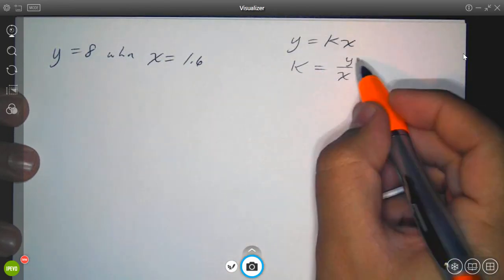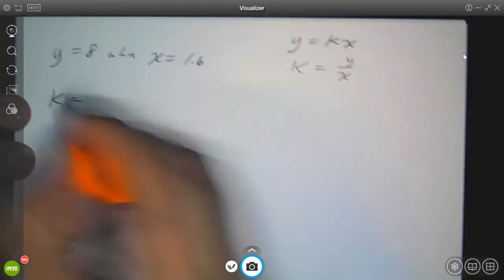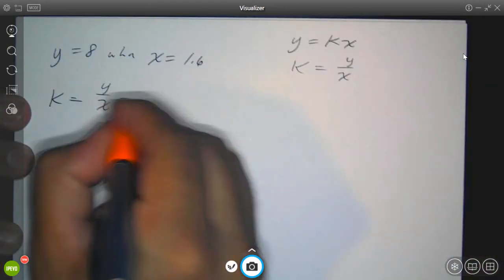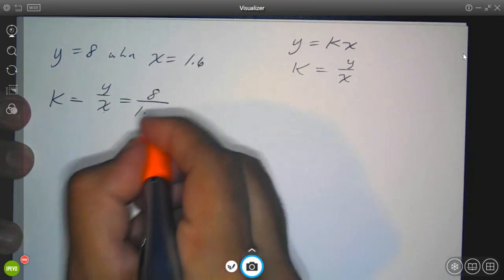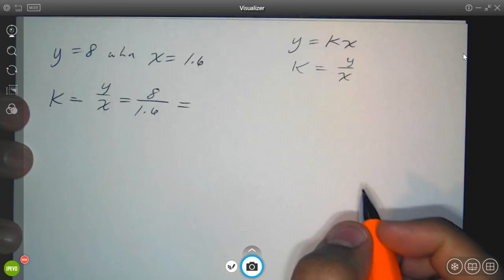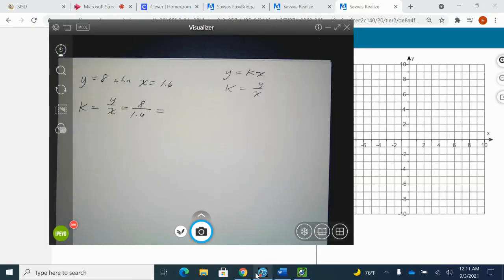It's the output divided by the input. So look, k is y over x. Y is 8, x is 1.6. Use your handy dandy calculator.